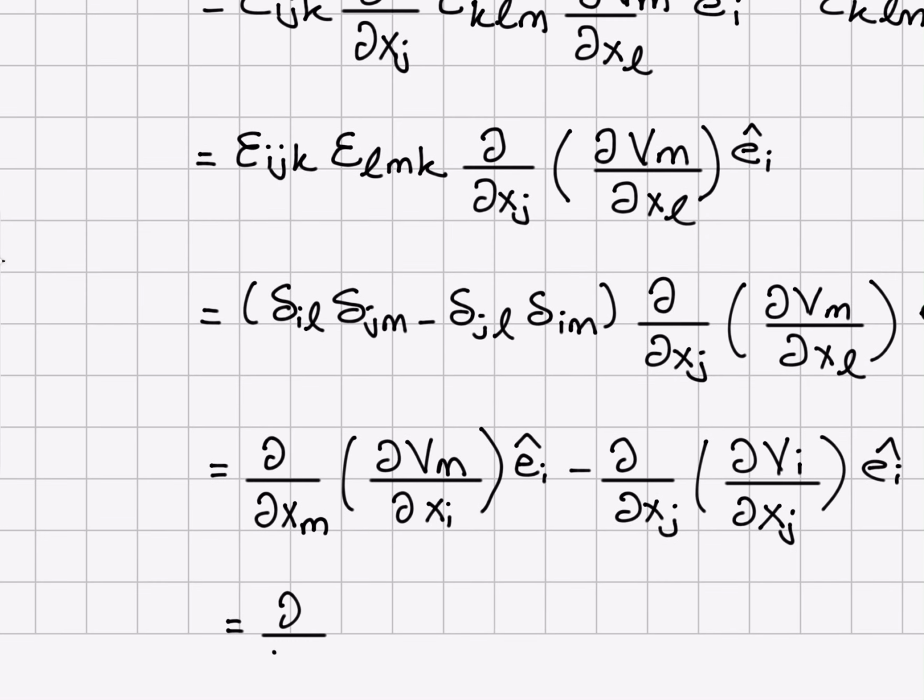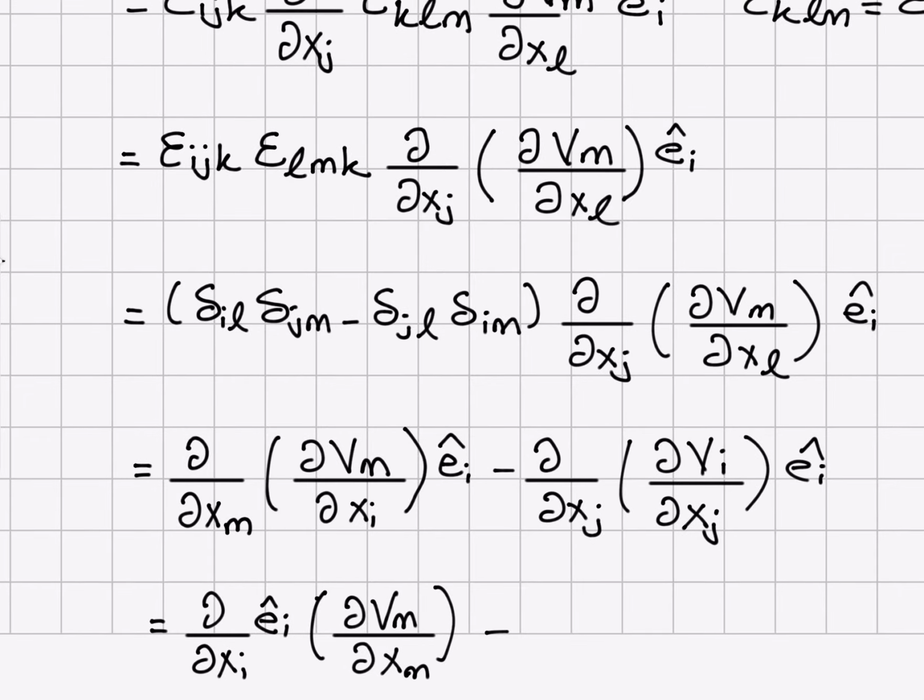I can change the order of the derivatives here. ei hat, this is my del operator, acting on the partial derivative of Vm with respect to xm, which is the divergence of V. Then I have the second derivative, del square Vi ei hat, of my vector field with respect to xj.